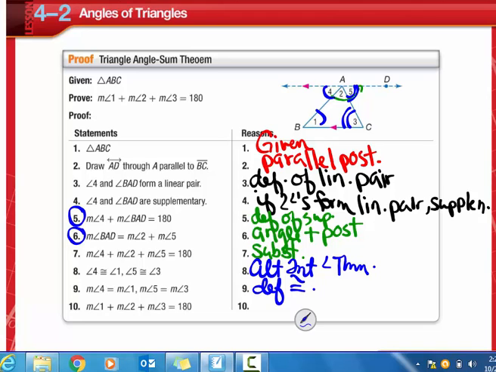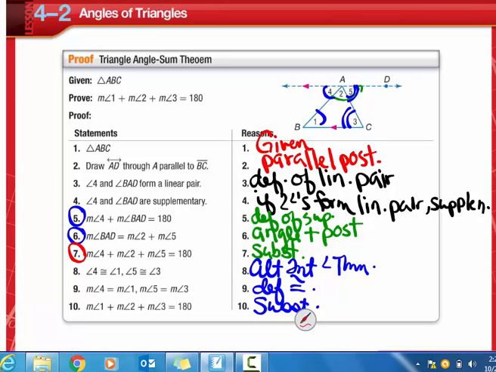And the last statement says that the measure of angle 1 plus the measure of angle 2 plus the measure of angle 3 equals 180. This is, again, substitution. I replaced 4 with 1, so that's line 7.